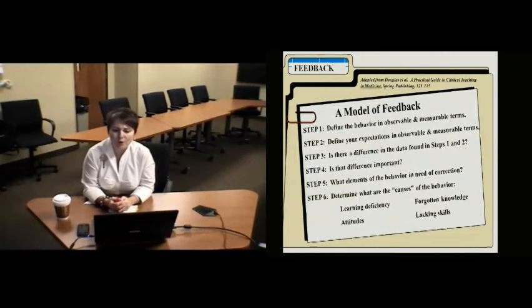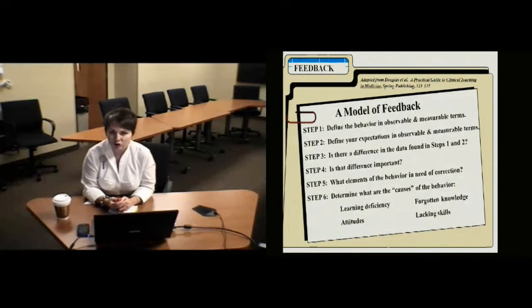There are several ways to give feedback, and this comes from a publication that I really liked, A Practical Guide to Clinical Teaching in Medicine. Now, while it is directly written for medical students, it has much broader applications and certainly appropriate for health profession students.